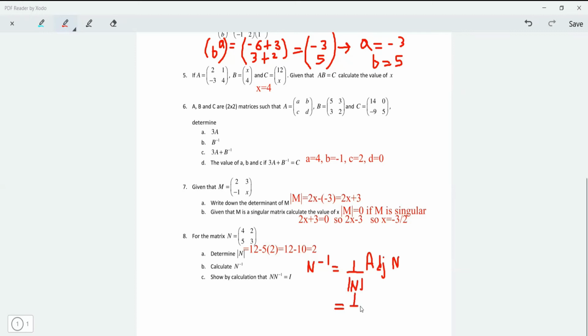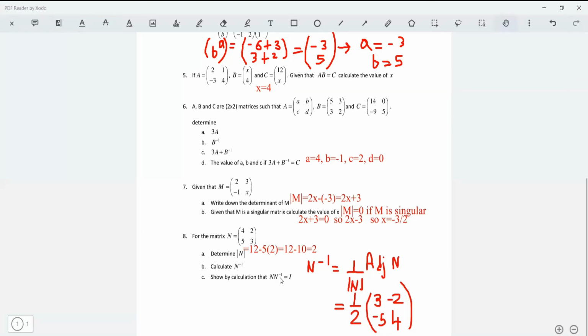So N inverse is 1 over 2 times the adjoint of N. And the adjoint of N is, we interchange the leading diagonal. So we interchange the 4 and the 3. Put the 3 where the 4 is and put the 4 where the 3 is. Then we negate the non-leading diagonal, meaning we multiply the non-leading by negative 1. So that's what we do. So this would be N inverse.